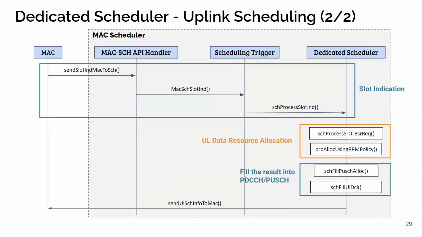But you need to calculate the resource allocation first. You need to know the modulation and coding scheme so that you can know the TBS size. Actually, there's a function called SCH calculate TBS size, but I don't see it. I'll try to figure it out.